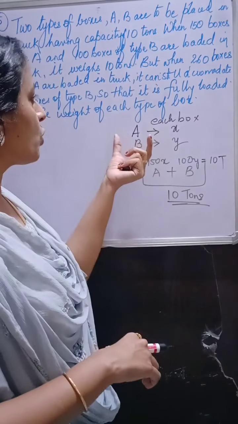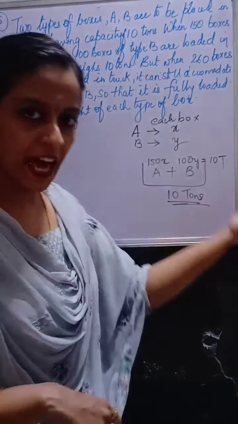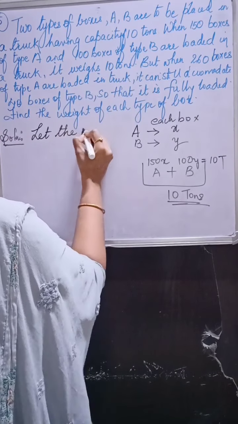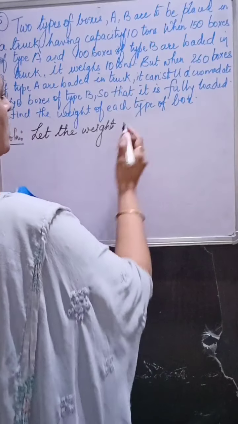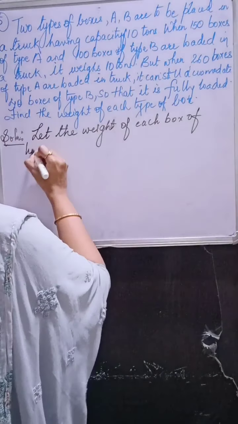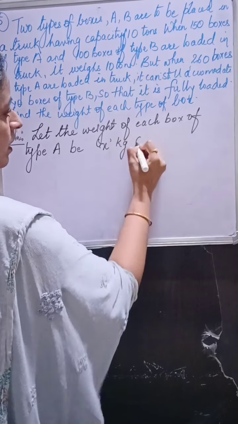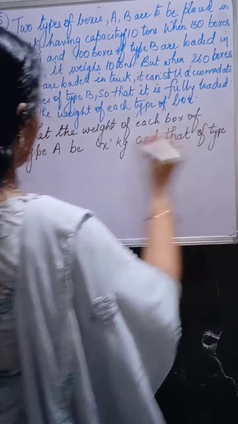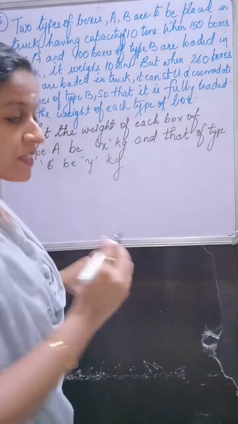Okay. So we will assume, let the weight of each box of type A be x kilogram and that of type B be y kilogram respectively.